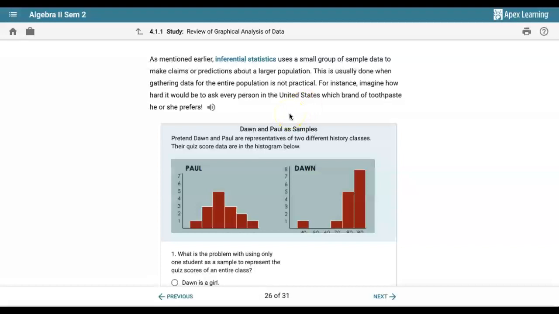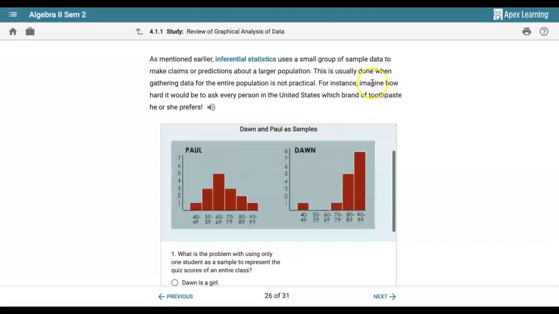So for example, if we wanted to get something at St. Lawrence, if there's 800 students, it may be possible to get the opinion of every student. That would be pretty simple. But if you wanted to get something for the entire state of Illinois, it might not be possible to get the opinion from a couple 100,000 people. So we might get a sample set and look at that.